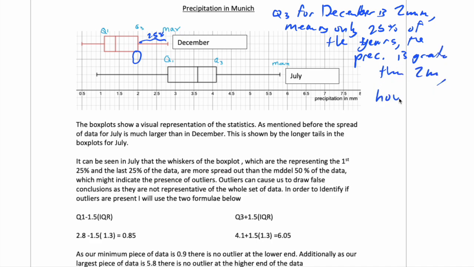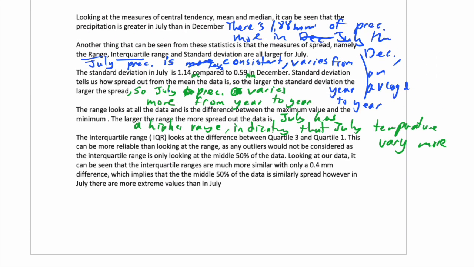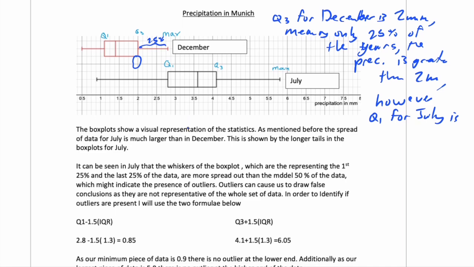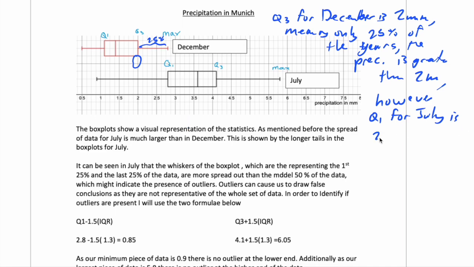Okay, however, so compare it to the other one, compare it to July. Q1 for July looks like now we can get the exact value up from here from the table. Q1 for July is 2.8 millimeters.